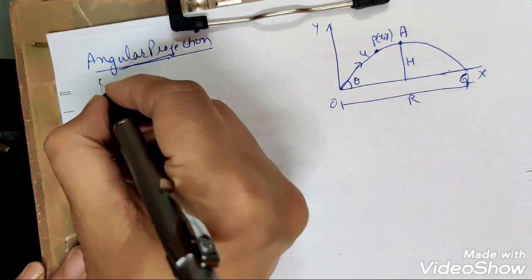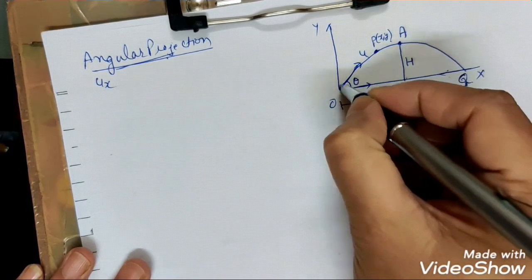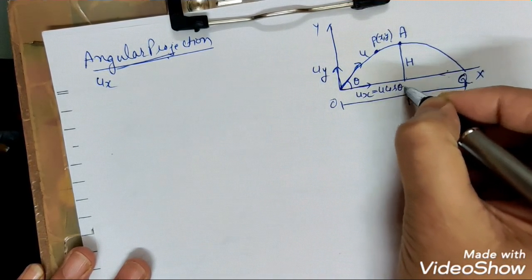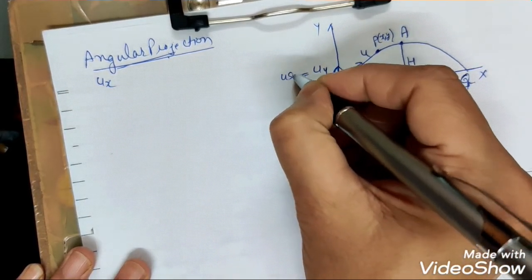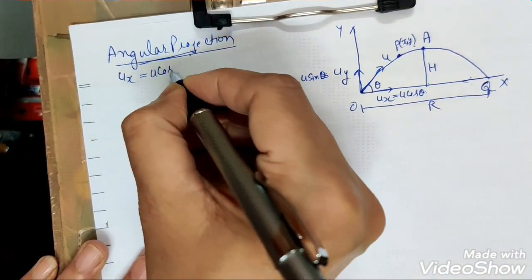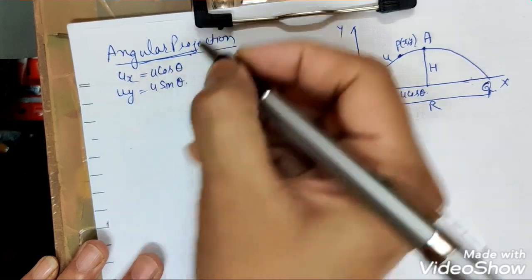Now the u_x is here, this u_x and u_y. So u_x is u cos theta and u_y is u sin theta.